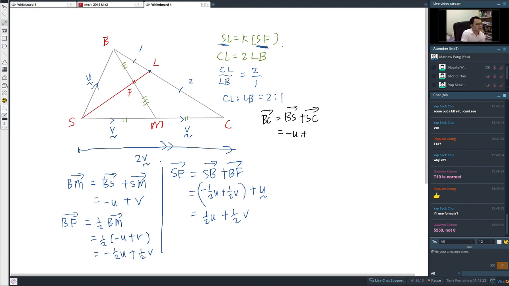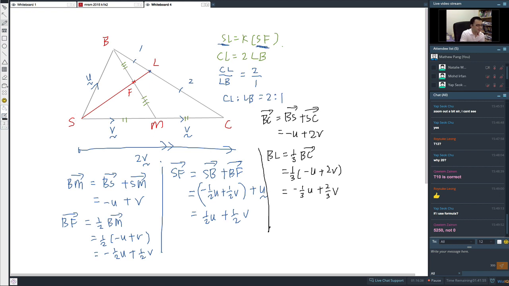So it's negative 1 over 3 U plus 2 over 3 V. This is BL. If I find BL, I can find SL now. SL equals SB plus BL.